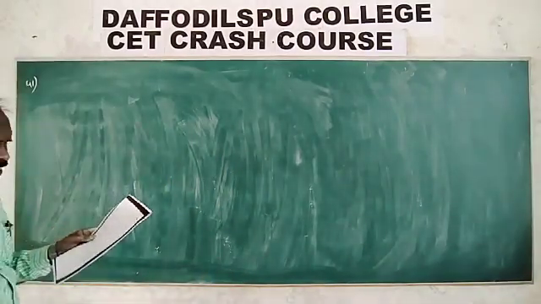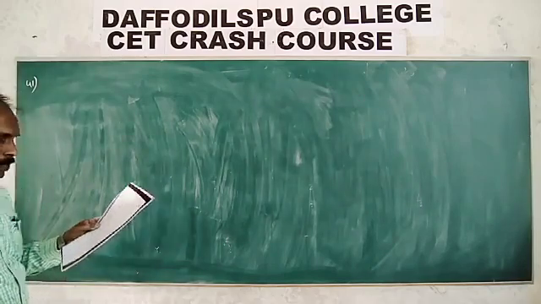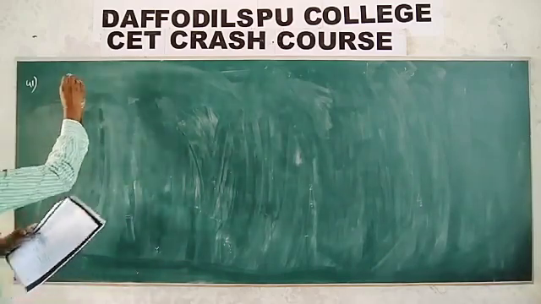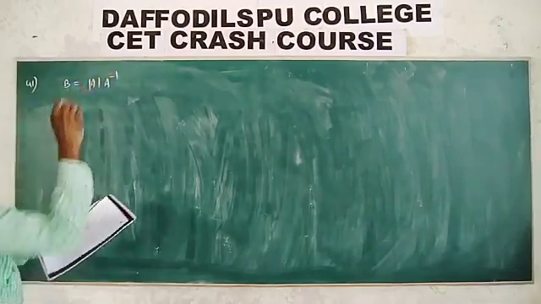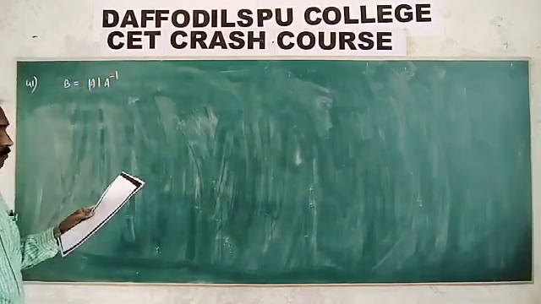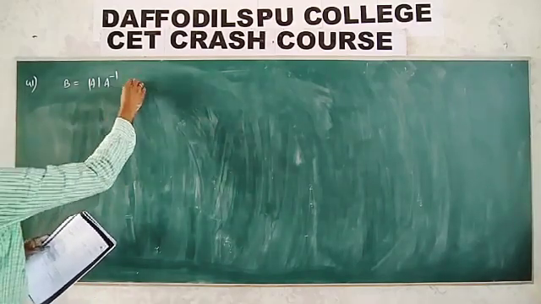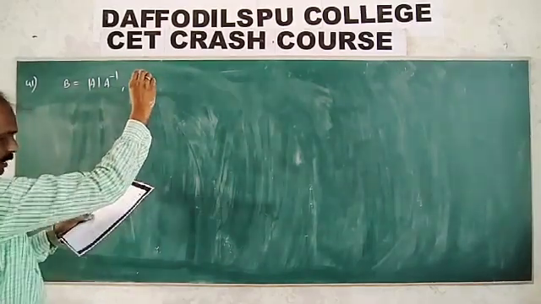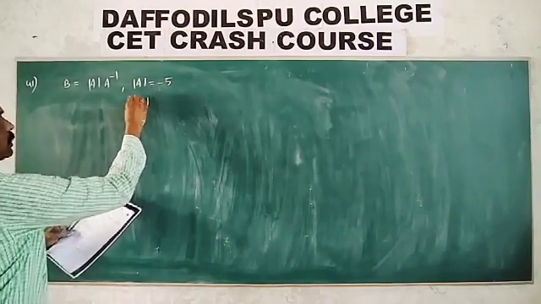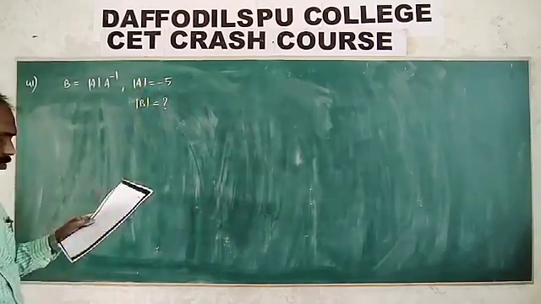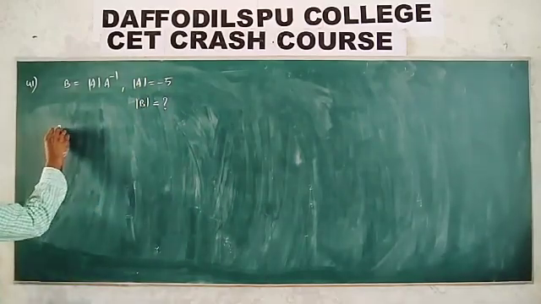Suppose A is a matrix of order 3 by 3. B is equal to det A into A inverse. If det A is equal to minus 5, then the determinant of B value is how much? That is the question. Right.